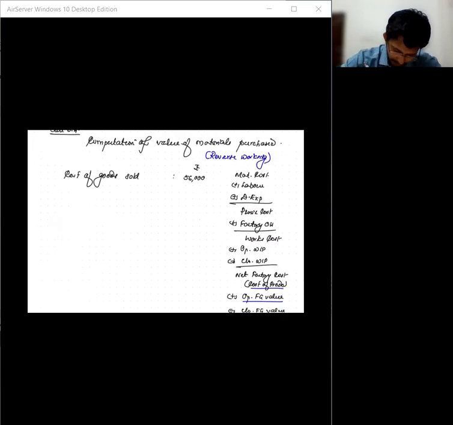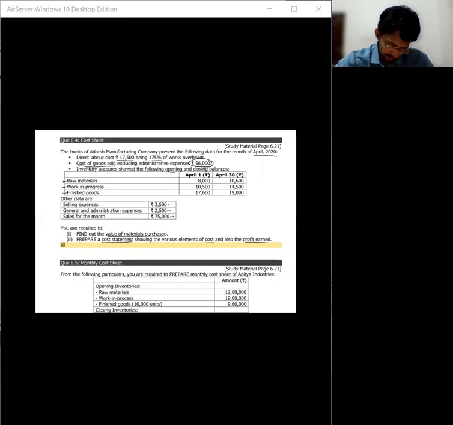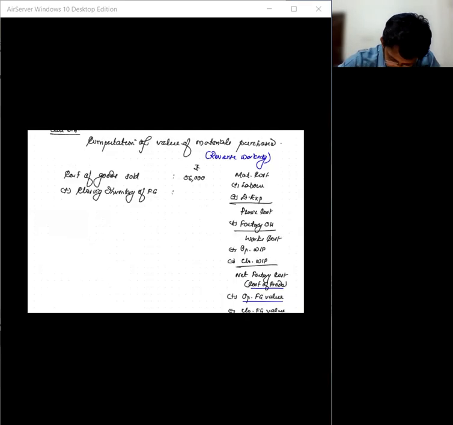So with the cost of goods sold, I am adding the closing inventory of finished goods. What is closing inventory of finished goods? It's given to be 19,000 and opening is 17,600.